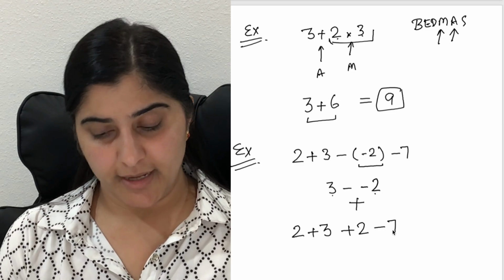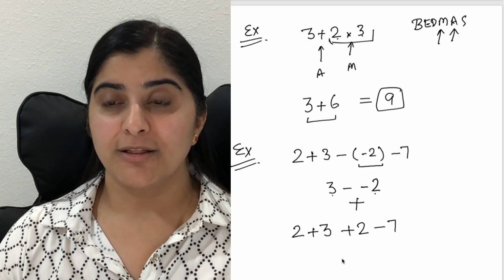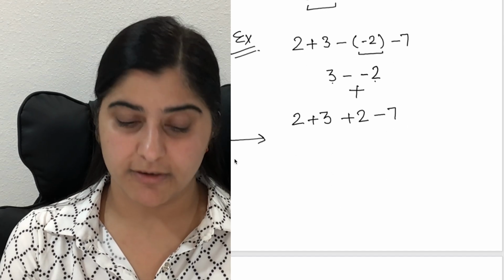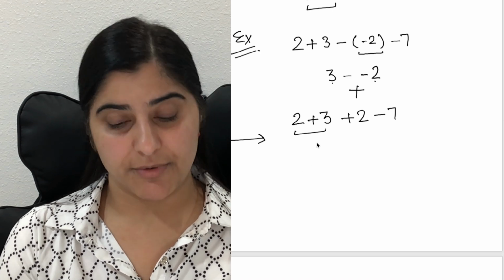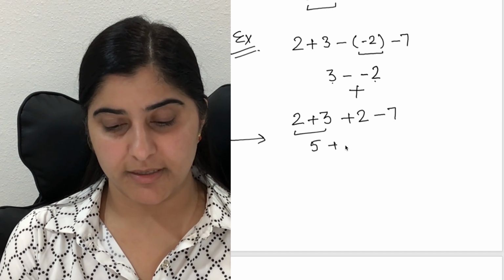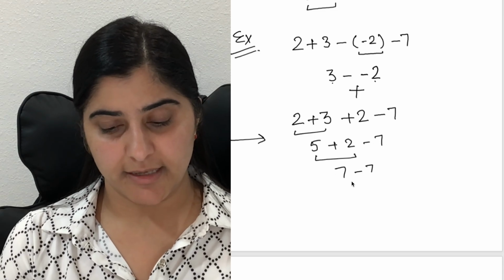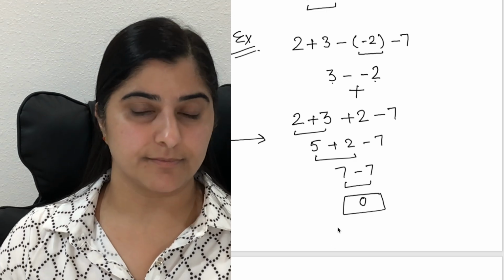So we open the bracket. Now we have all additions and subtractions, which have the same priority, first come first served from the left hand side. So we do 5 plus 2 minus 7. Now 7 minus 7 is 0, so our answer is 0.